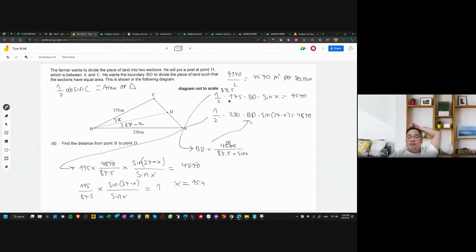And you understand the last step, right? Yeah. Take the 4,570 and divide all the values on the left side to get BD. BD is 4,570 divided by 87.5, and just keep writing that.